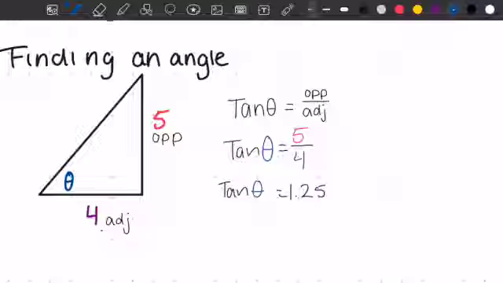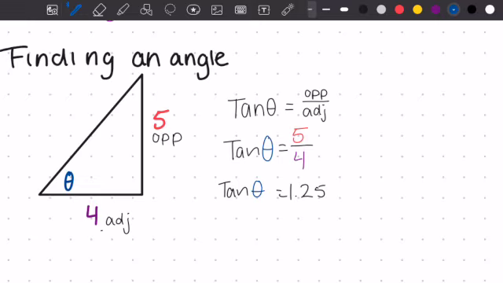Now, theta is acting as our variable in this situation, so I want to get it by itself. In order to do that, I use that second function, or shift tan, which is called our inverse function. So it's tan inverse is what you'll hear me say. So you're going to apply tan inverse, which is our tan minus 1, to both sides.